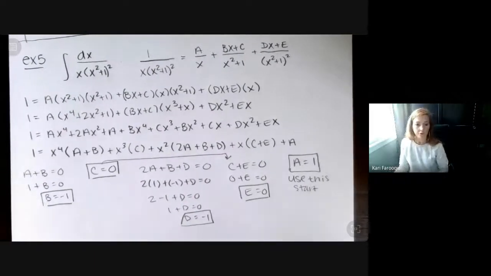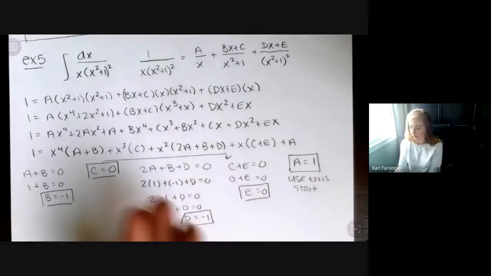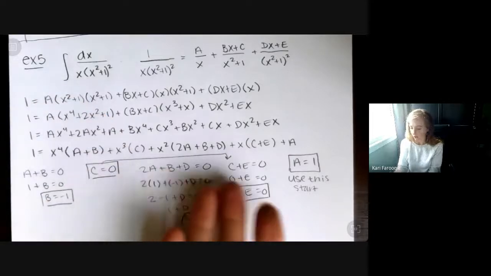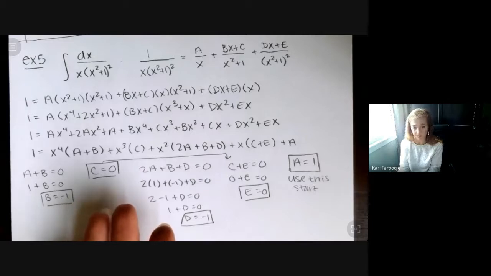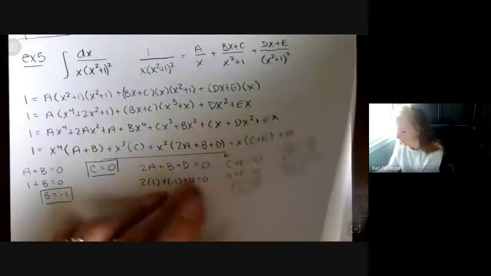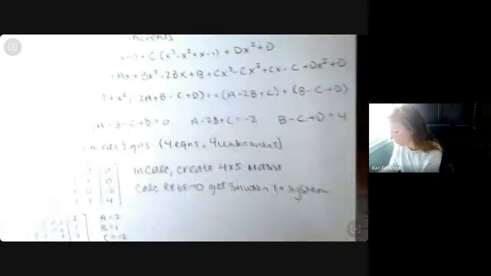So it was really nice that we were able to do this by equating coefficients. This would have been a lot harder to solve had we not done that. You would still have used the same amount of space. You probably would have been doing a lot more guesswork, whereas this involved no guessing. We came up with some equations, and in this case, our equations were straightforward enough that we were able to solve for some variables. And if you're wondering, well, why didn't we do that on the last problem?